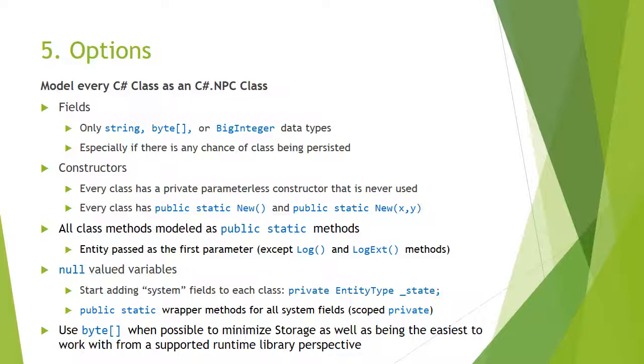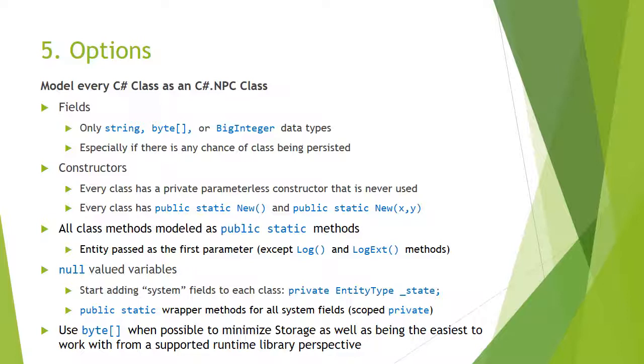That's just a convention that the Neo persistent class framework has adopted. Every class should have a public new and a public new XY style of constructor for creating new entities of that class. Again, that's to make up for the fact that we don't have fully implemented support for constructors in C#.Neo.